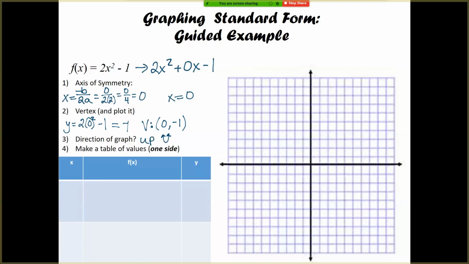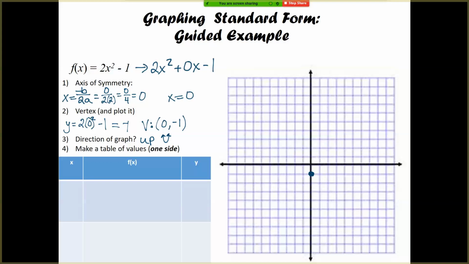For my table, oh, I didn't graph my vertex. To graph my vertex, I'm starting at the origin. The 0 tells me I do not get to go left or right, but the -1 tells me to go down 1, so this point right here is my vertex. I want you to fill out your table, so you can either pick to plug in -1 and -2, or +1 and +2.